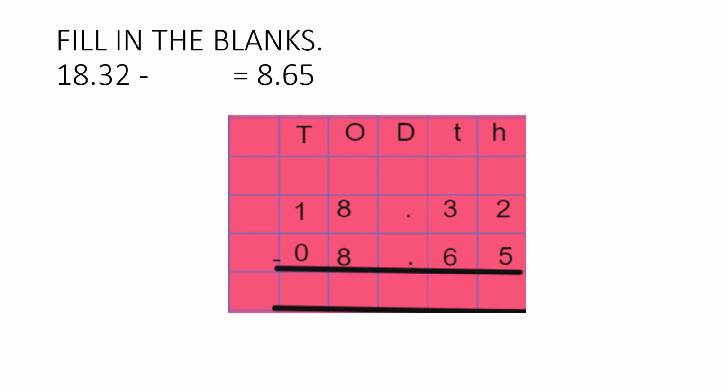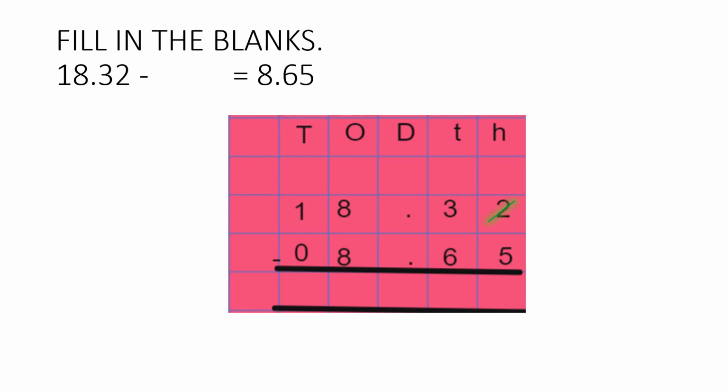When we subtract these two numbers, we will get the number which comes at the blank space. From 2 we can't subtract 5. So from 3 also we can't subtract 6. So 2 will borrow from this 3 and this 3 will borrow from this 8 ones.